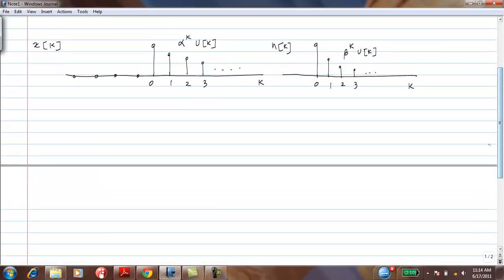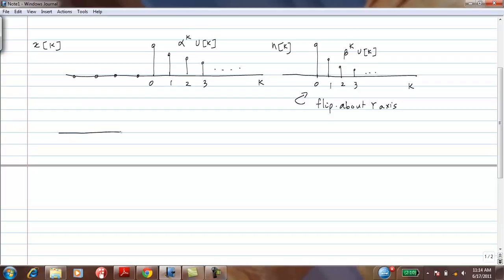Now the second step is to flip h of k about the y-axis, because that would then give us the signal h of minus k, and then we can shift this signal by n and take the product of that signal with x of k, and then sum that for all values of k in order to get y of n. Okay, that's what we're going to do now.